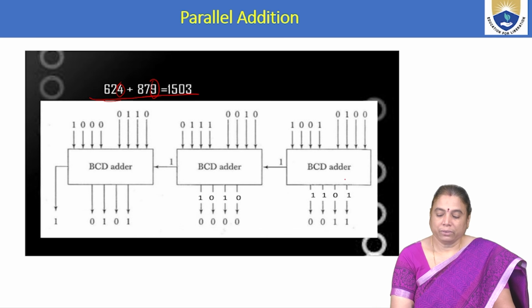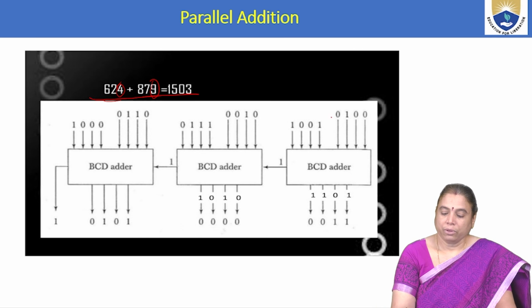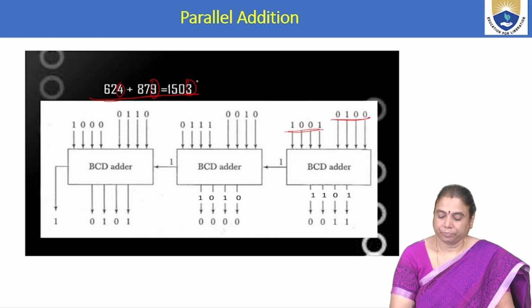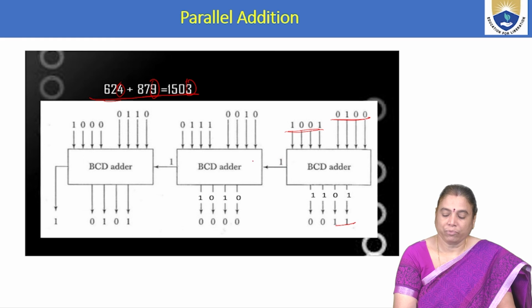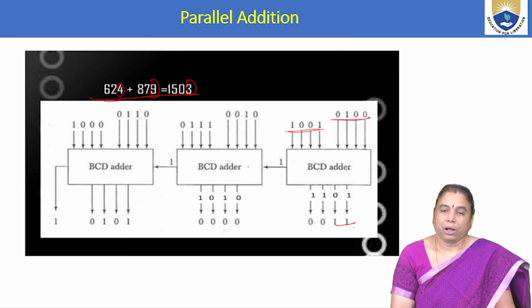The first BCD adder receives the binary values of 9 and 4. The sum produced here is 3, and if a carry is generated, it is fed forward to the next BCD adder. All these BCD adders are connected in a cascade fashion.